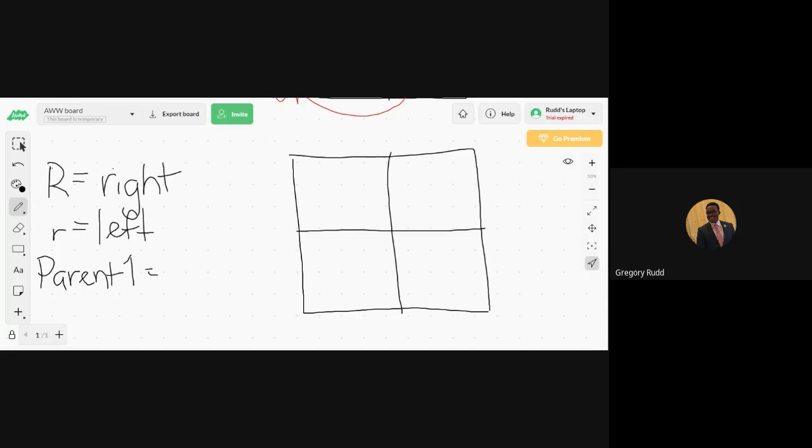If they're homozygous right-handed, what should their genotype be?